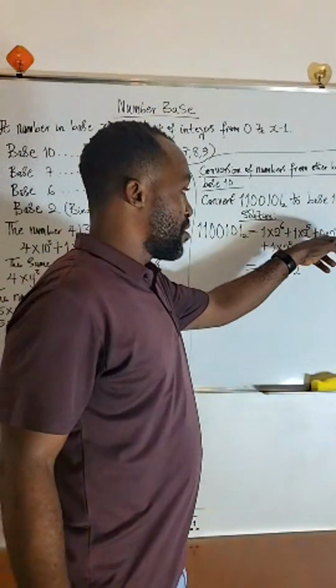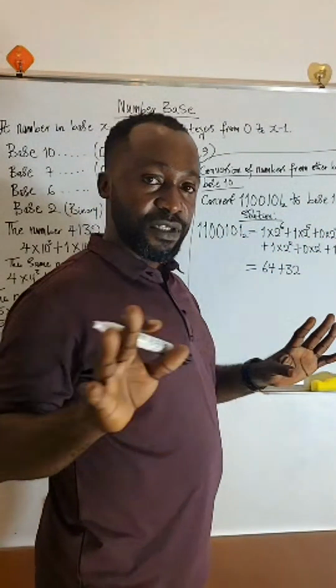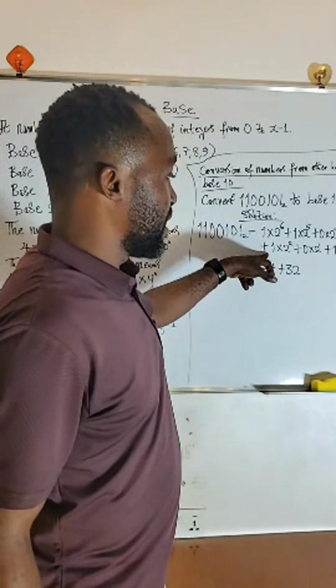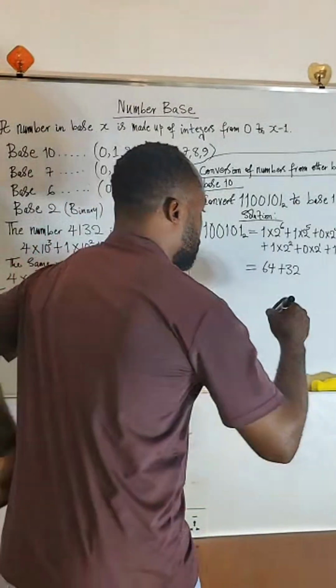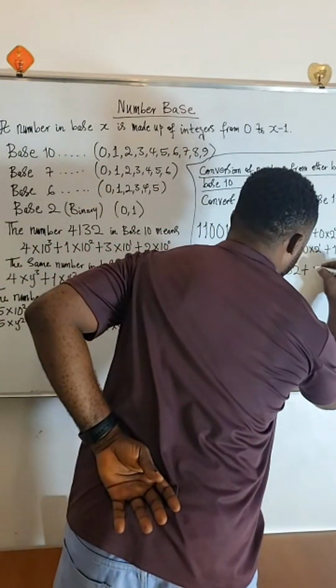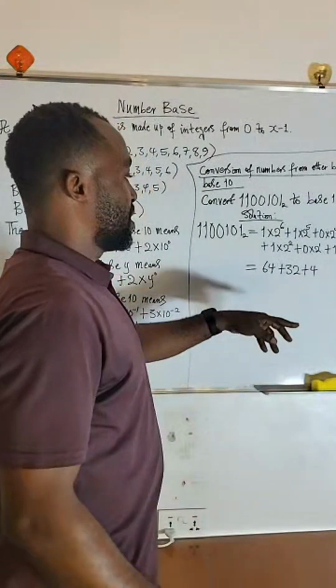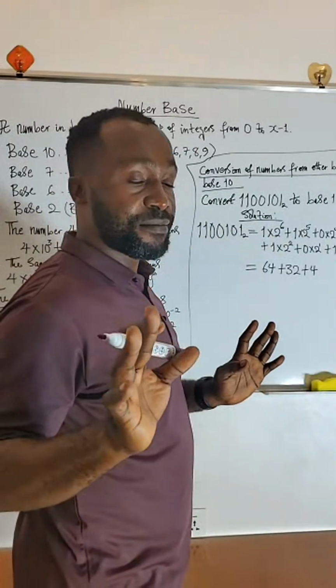So that one is gone. The next one, 0 times 2 raised to the power of 3, is also gone. Then the next one is 1 times 2 raised to the power of 2. And so 2 raised to the power of 2 is 4. Is that right?